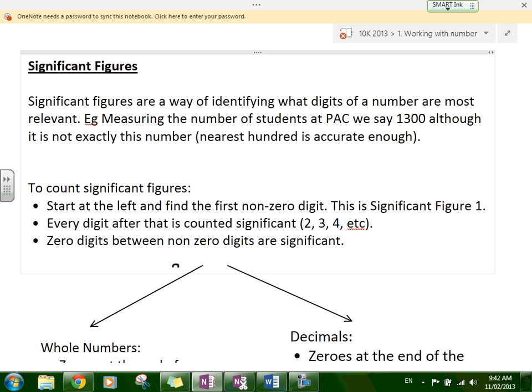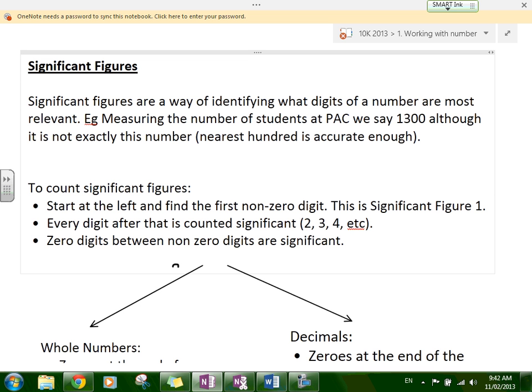So for example, at PAC, we say we have 1,300 students. Now, is that correct? Is it 1,500? I mean, whatever it is, I thought it was about 1,300. Alright, so 1,300 students. Now, is the number exactly 1,300? No, it's not. It's probably about 1,280 something.